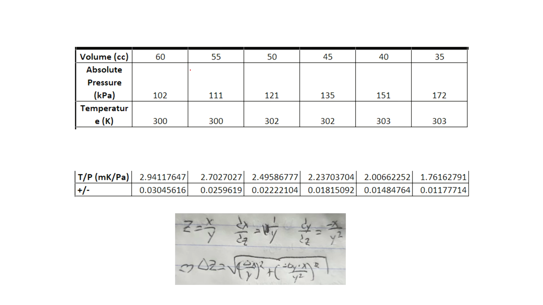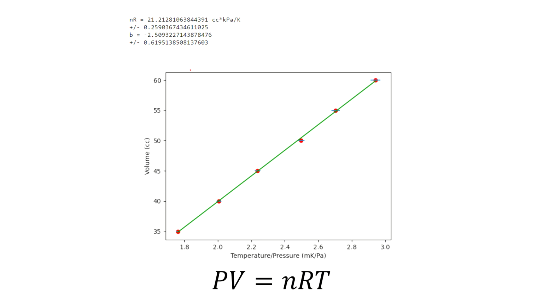So accounting for both of these, we can get the uncertainty for this, and the uncertainty of the volume is just half the tick mark of the syringe, which is 0.05 cubic centimeters.